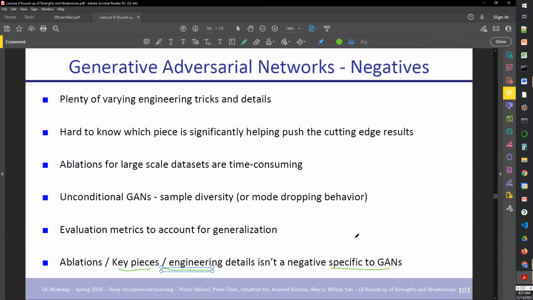But in the case of GANs, you just get noise, and that doesn't lead to anything. So it is the case that even in VQ VAE and other VAEs, importance weighted VAE, you do need to pay attention to details. Maybe they still produce some results, which is why we seem to think that for GANs the engineering details are super important. But they are important even for the other methods.